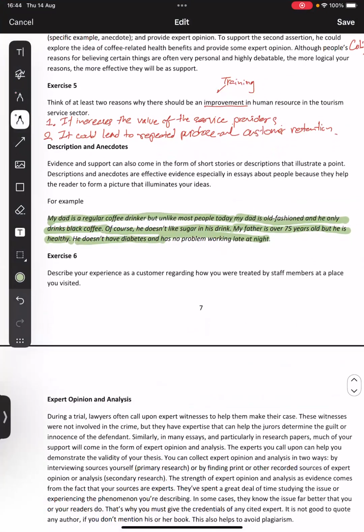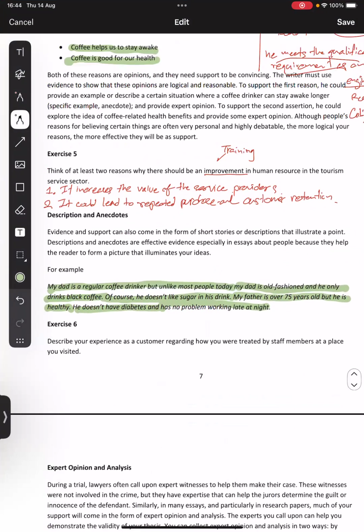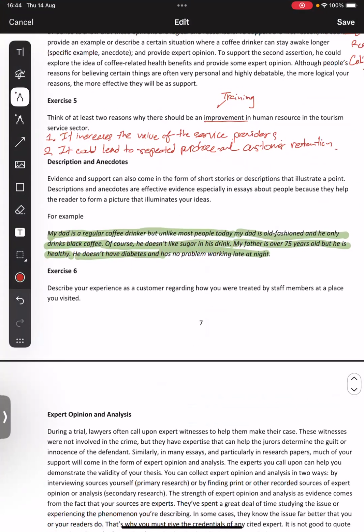So I might be talking about my visit to a hotel in Pattaya. No, it's not really Pattaya. It's Bangsan, right? It's before Chonburi, before Pattaya. So it's a short story, right?